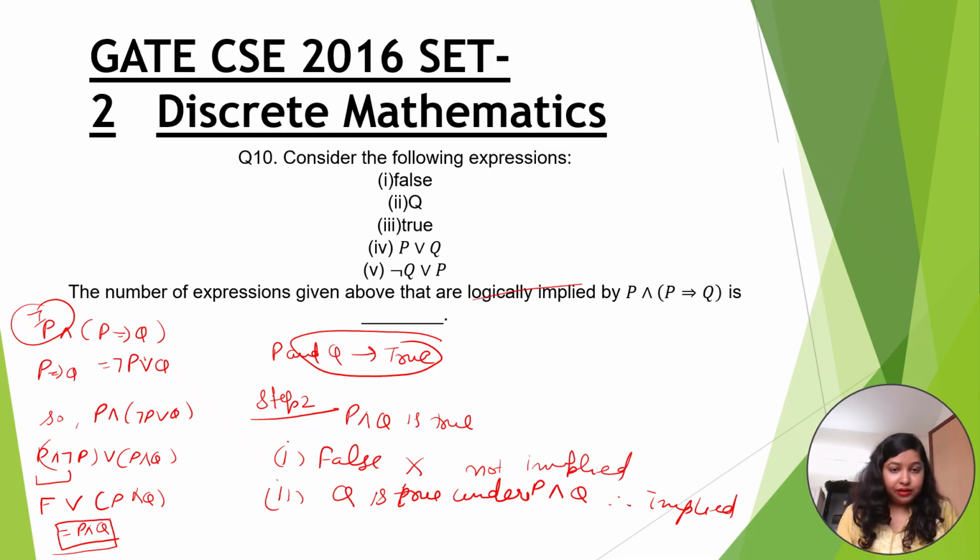Then third, true. True is obviously implied. Fourth, P or Q. If both P and Q are true, then P or Q is implied.